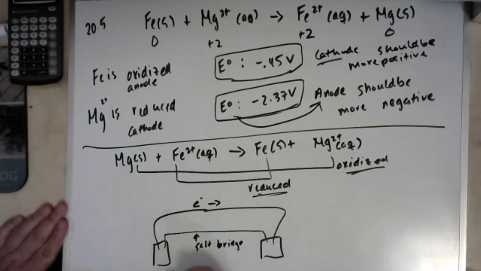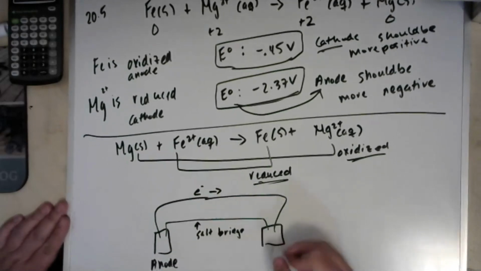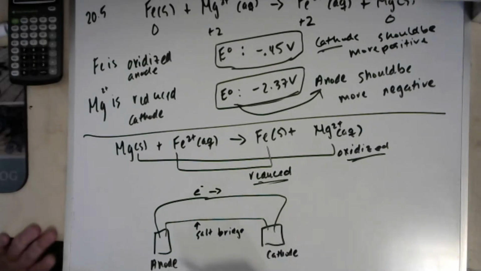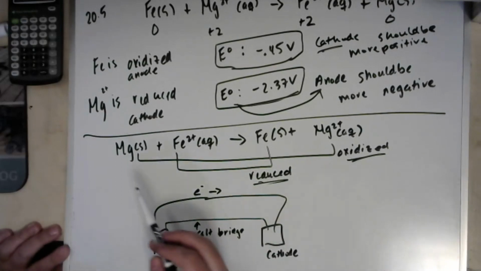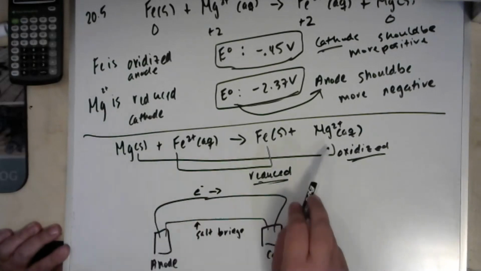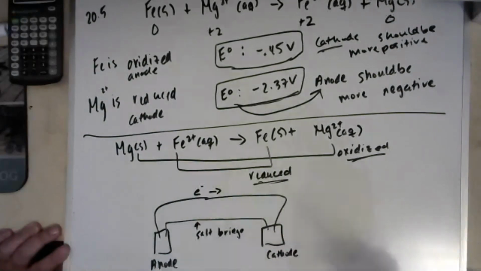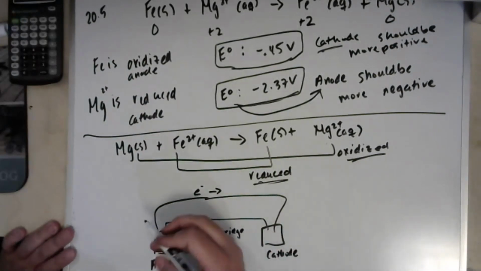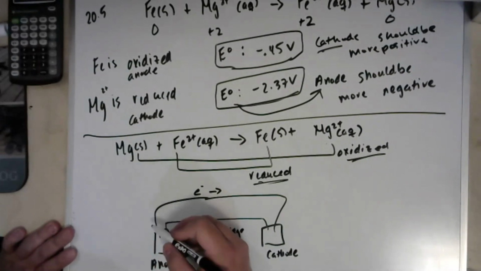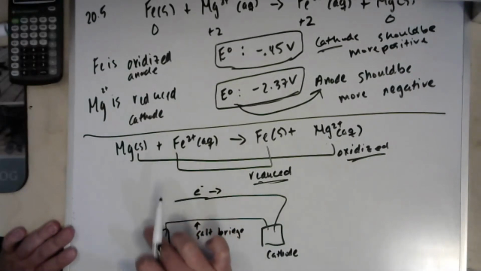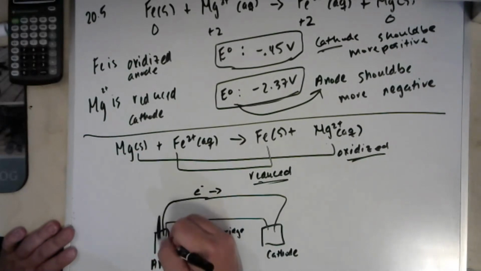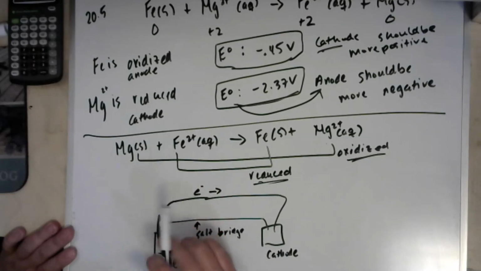Your anode goes on the left. Your cathode goes on the right. At your anode is going to be your magnesium solid converting to magnesium ions. So let me actually cut this a little bit and put it in like this so that I can draw a solid piece of metal there.